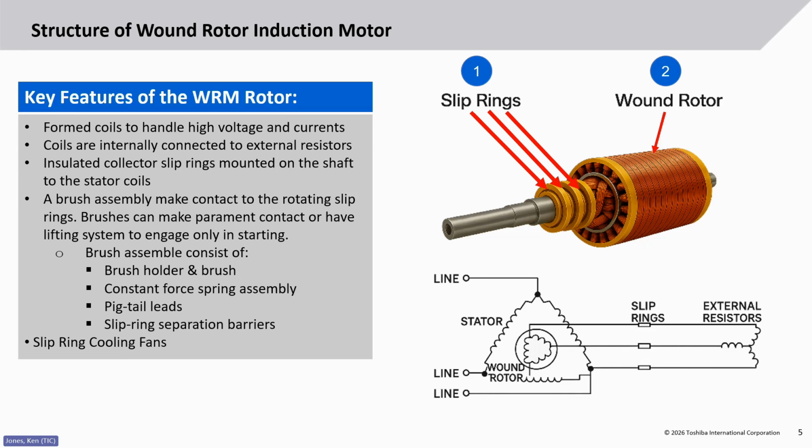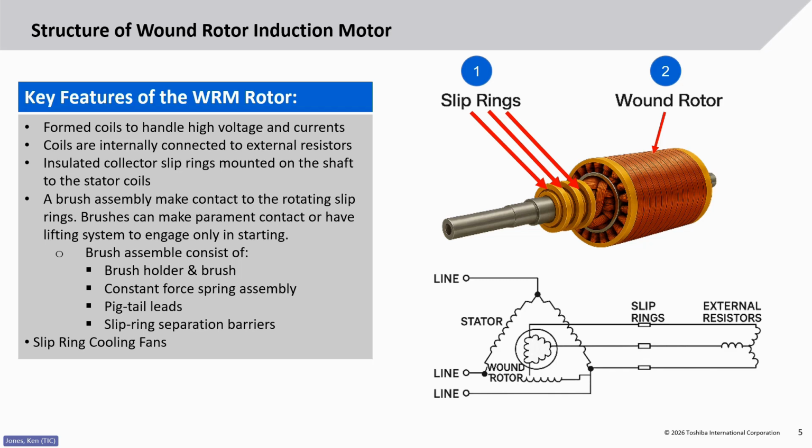So the insulation characteristics associated with the rotor and the slip ring assemblies have to be able to manage both the temperature as well as the voltage conditions associated with those large machine rotor designs.